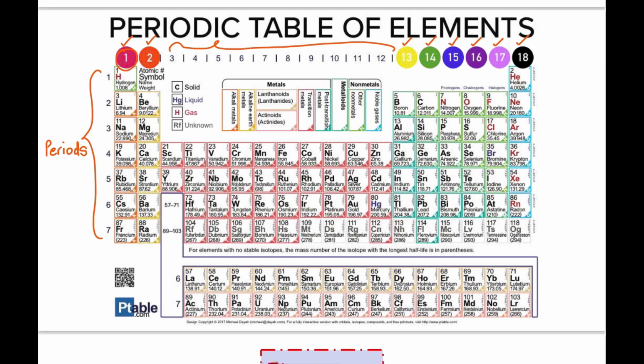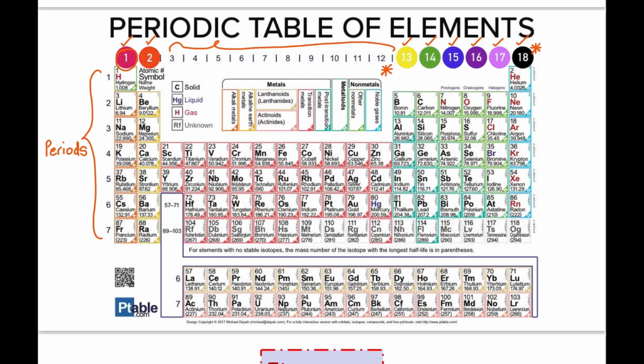This is true until group 12. Starting from group 13 to group 18, the valence electron is determined by deducting 10 from the group number. For example, in group 18, there are 8 valence electrons.